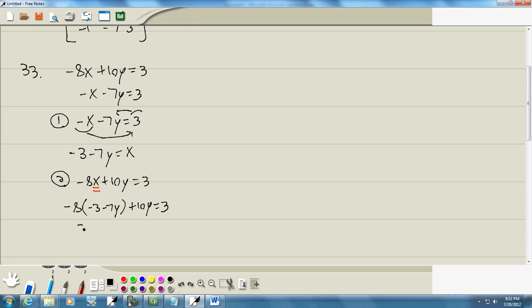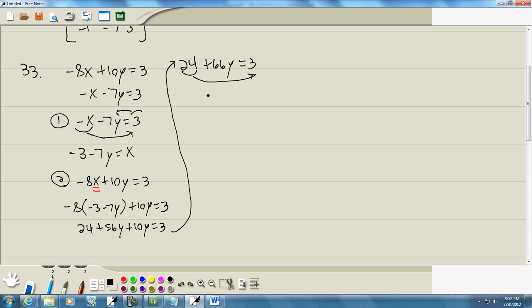Negative 8 times negative 3 is 24. Negative 8 times negative 7y gives us a positive 56y. Plus 10y is equal to 3. No matter where you are, combine together like terms. 56y plus 10y is 66y. Take the 24 over to the right side.